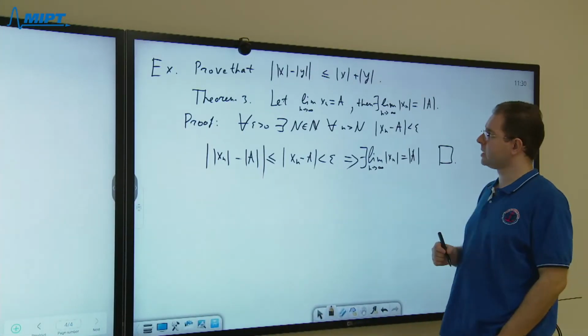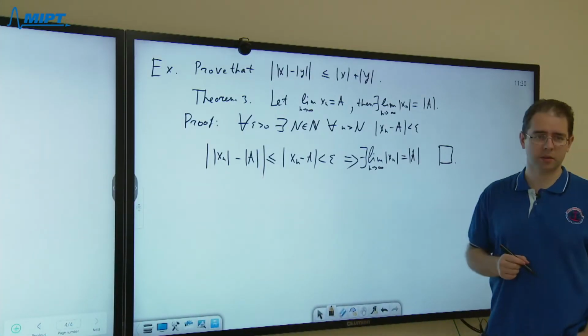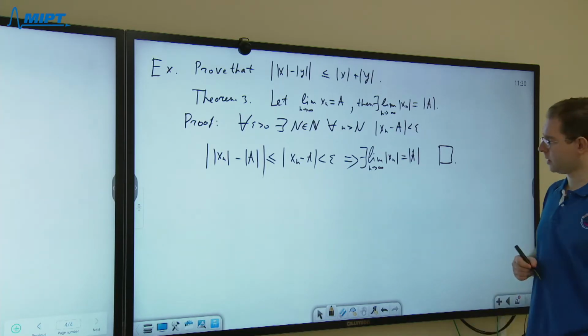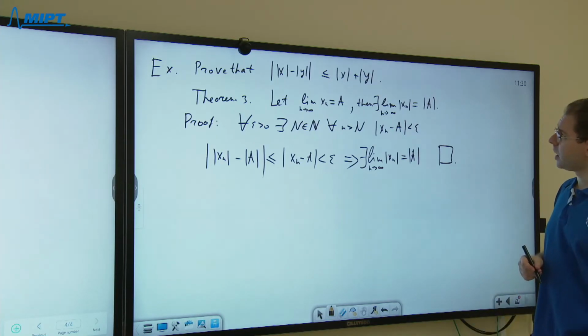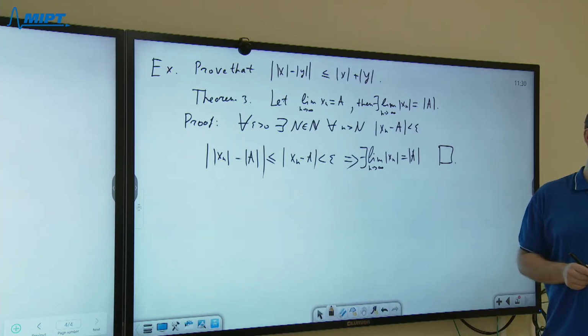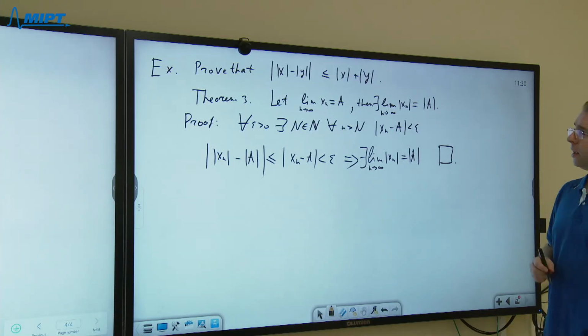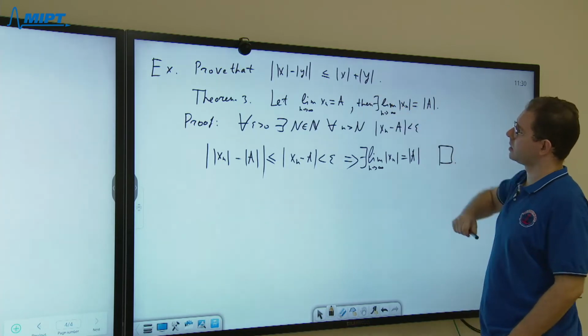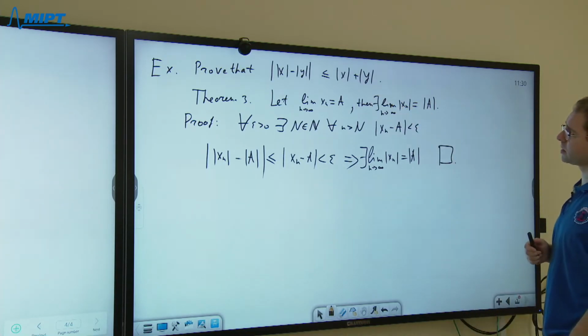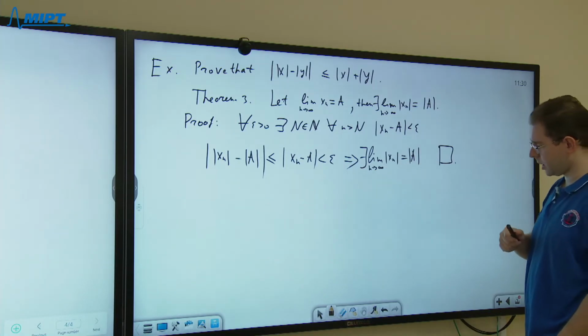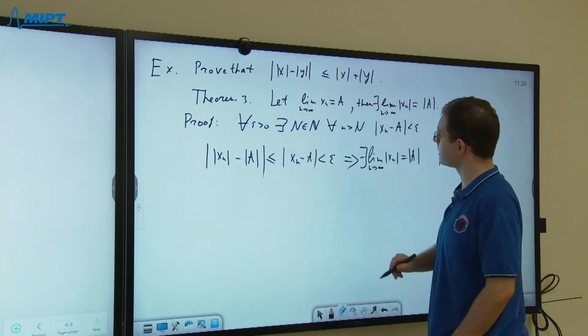So I have made a mistake over here, and only one person noticed. But anyway, let me redo this part. This, of course, was a true statement, but not useful over here. Here I needed another statement.